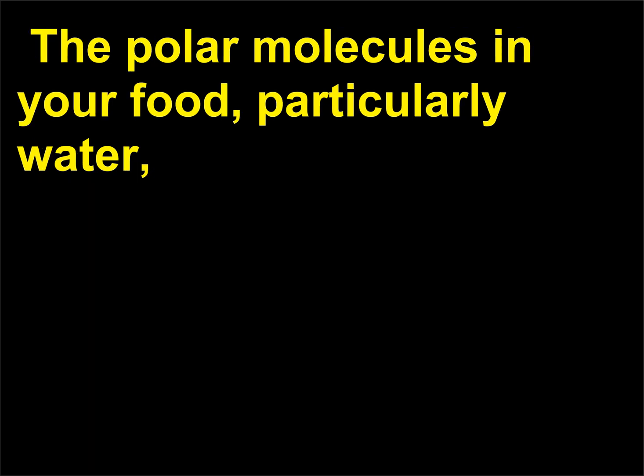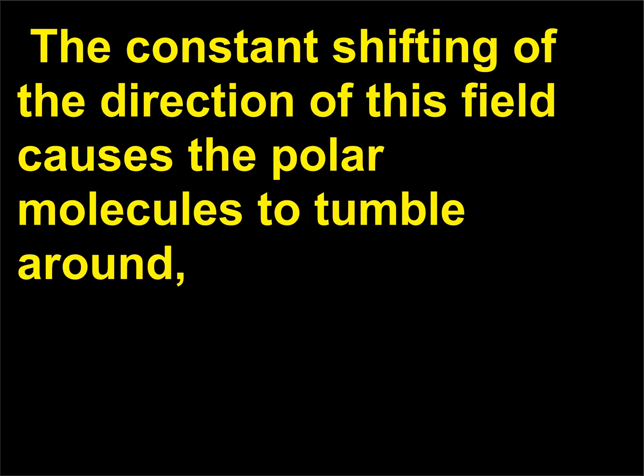The polar molecules in your food, particularly water, align their dipoles with the direction of this applied field. The constant shifting of the direction of this field causes the polar molecules to tumble around. And this molecular motion warms your food.